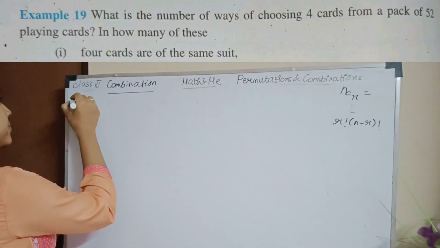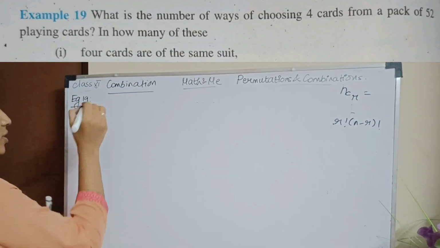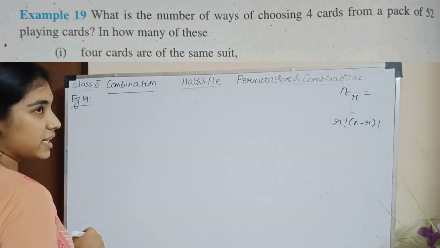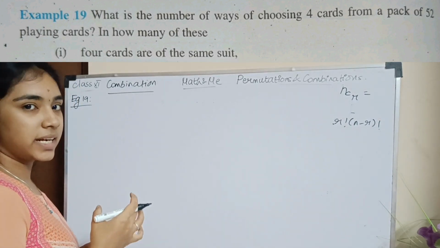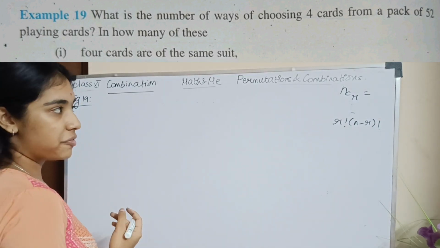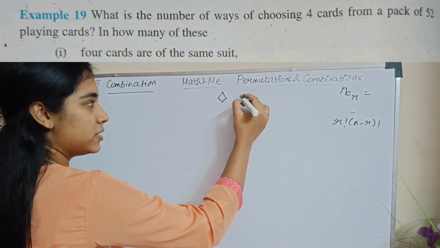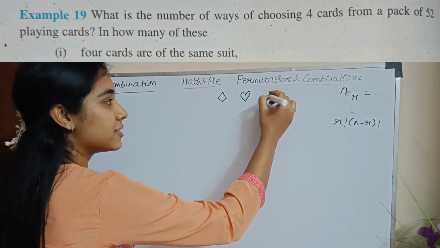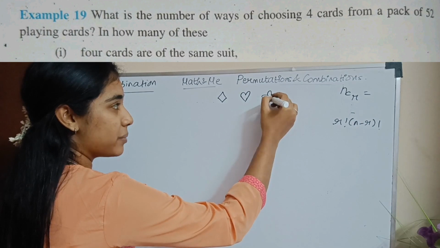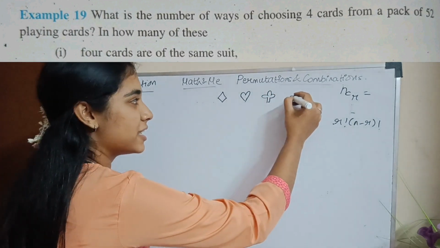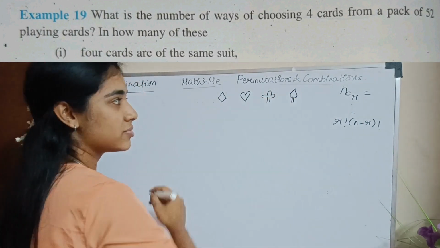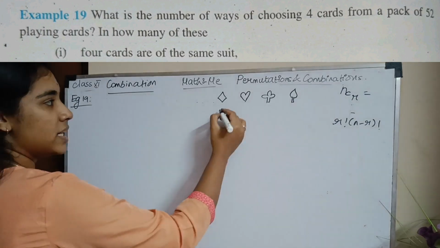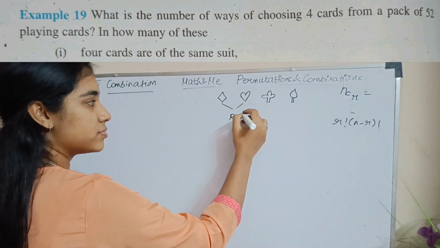Example 19. Everyone must have played with cards. For those who don't know about cards, there are 52 cards in a deck. You have 4 different designs: diamond, heart, I'm trying to draw my best, okay, clubs, spade. Okay, there are 4 different ones. These two are red.